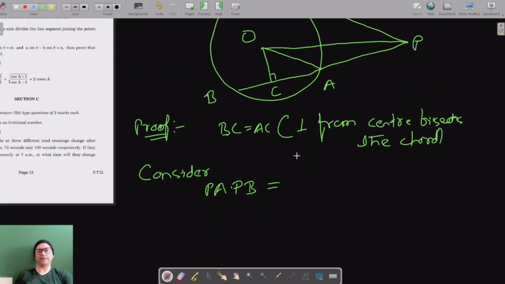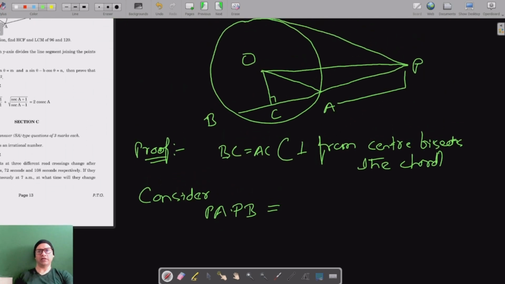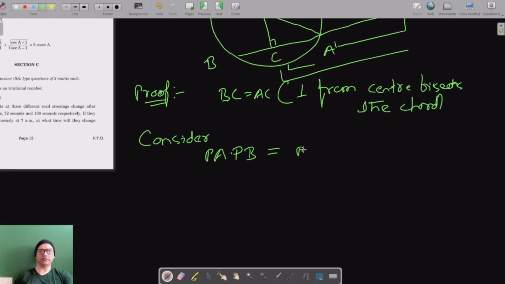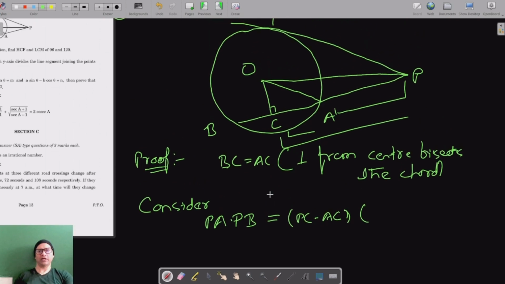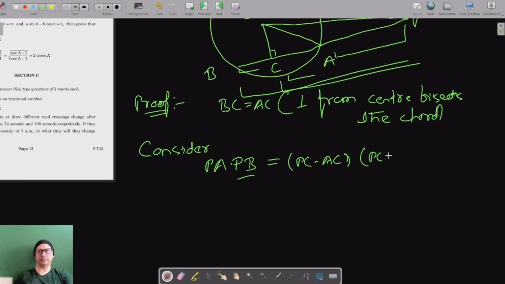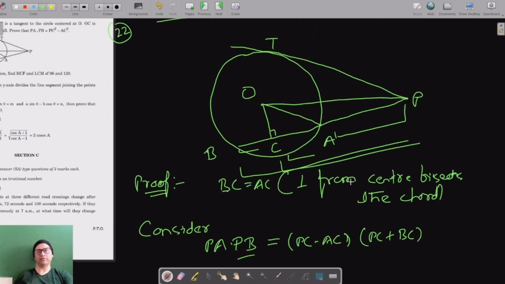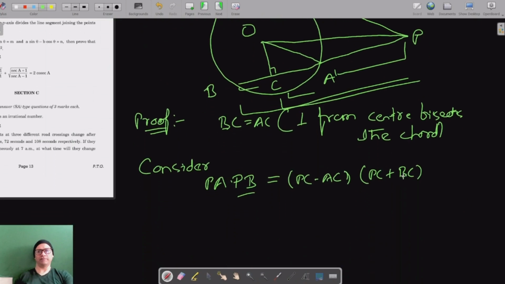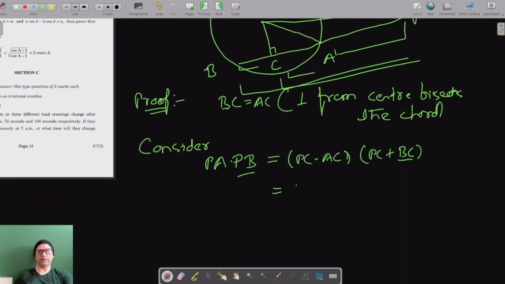Now PA can be written as BC minus AC, and PB can be written as BC plus AC. Now we can replace BC with AC because BC and AC are equal.